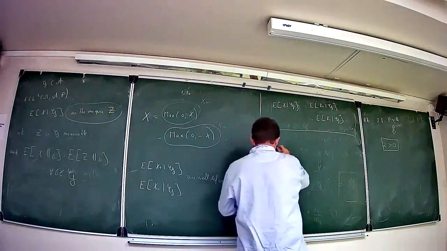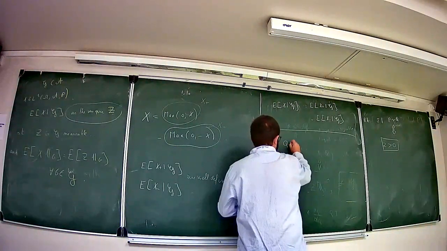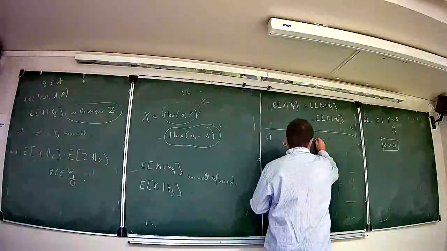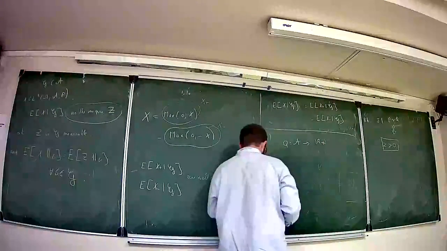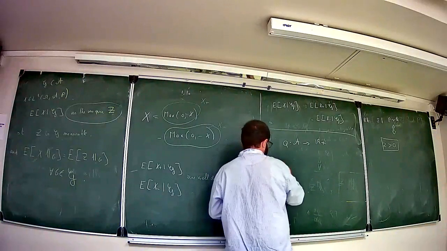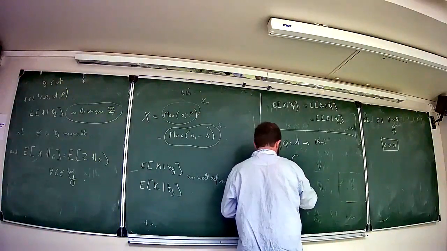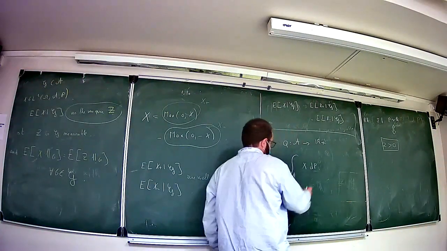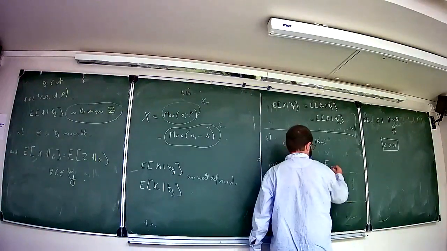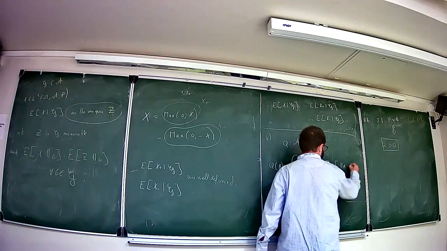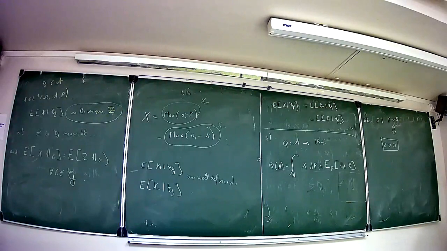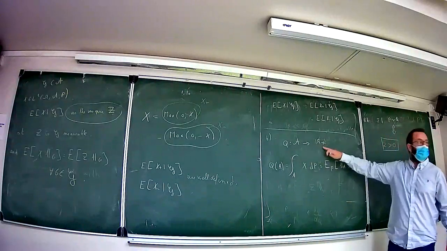I define Q from A into R plus for the moment, defined this way: Q of A is the integral over A of x dP, or if you prefer, the expectation under P of the indicator function of A times x. And now x is supposed to be positive; that's why I say that Q takes values in R plus.